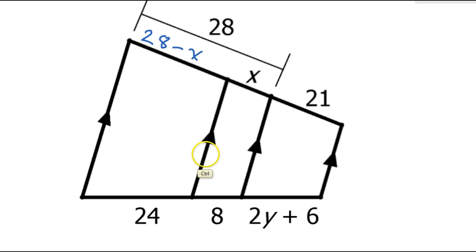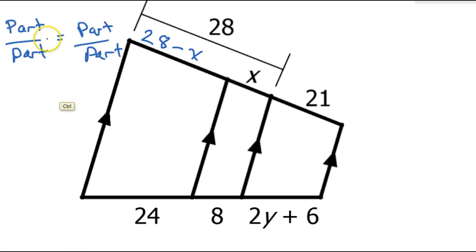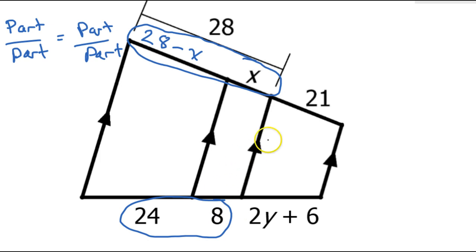So I can do the side splitter theorem right now. And the side splitter theorem says basically part over part equals part over part. The side splitter theorem basically says I should be able to take these two pieces and make a fraction out of them. And I should be able to take these two pieces and make a fraction out of them. So I just have to decide which direction I'm going to go.